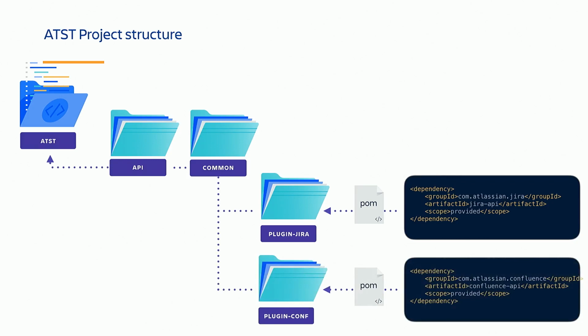Each product has its own separate folder to keep its product-specific code in, and a separate artifact will be produced for each product. So you can see that since we're building the Confluence artifact from plugin Confluence, this will not have any knowledge of the Jira-specific code, nor will it have any dependencies, nor will it be bundling anything that is Jira-specific.